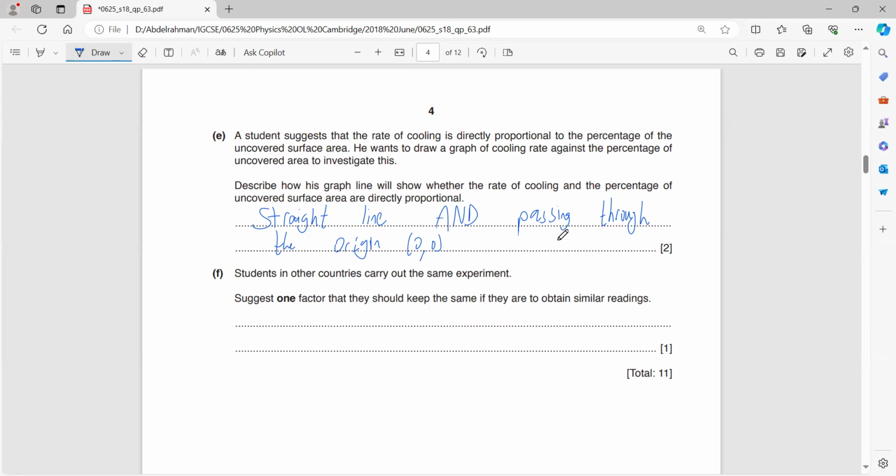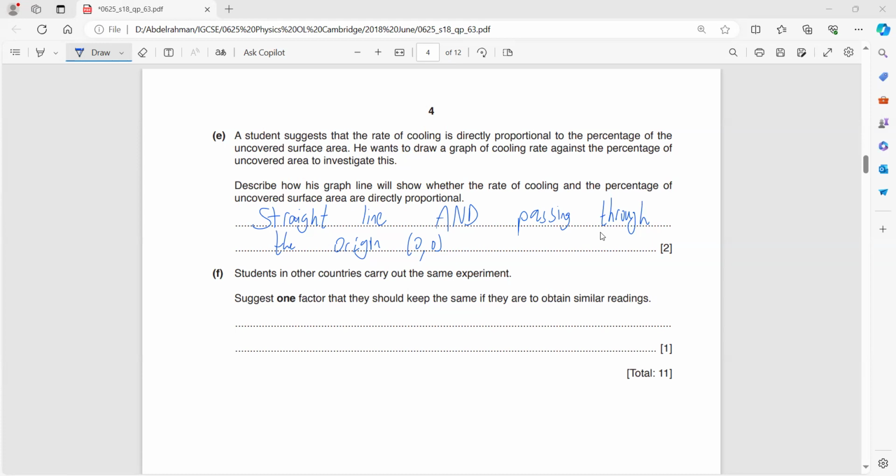Students in other countries carry out the same experiment. Suggest one factor that they should keep the same if they are to obtain similar readings. What's one factor that they should keep the same? One constant, one controlled variable. It's very easy.